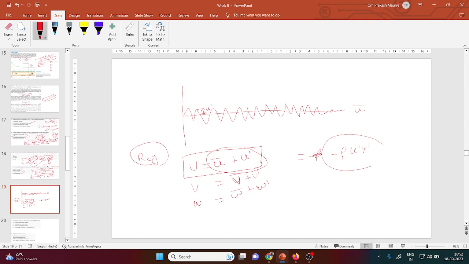This is known as the Reynolds stress. And why Reynolds stress? Because the unit is kg per meter cube, meter per second into meter per second.